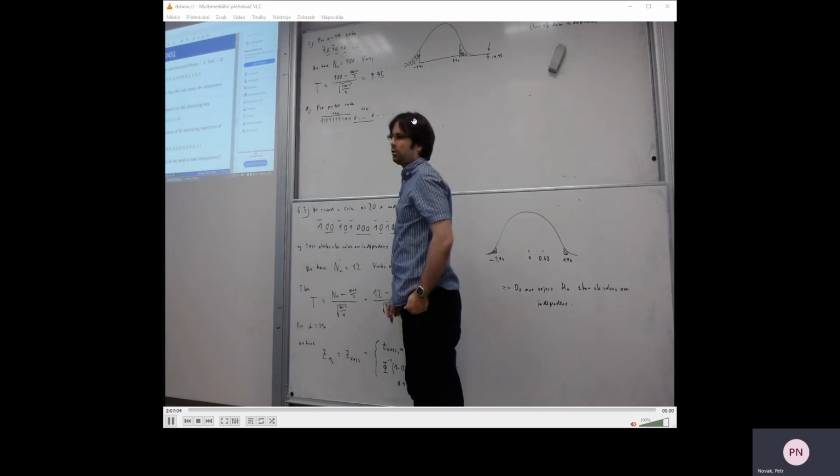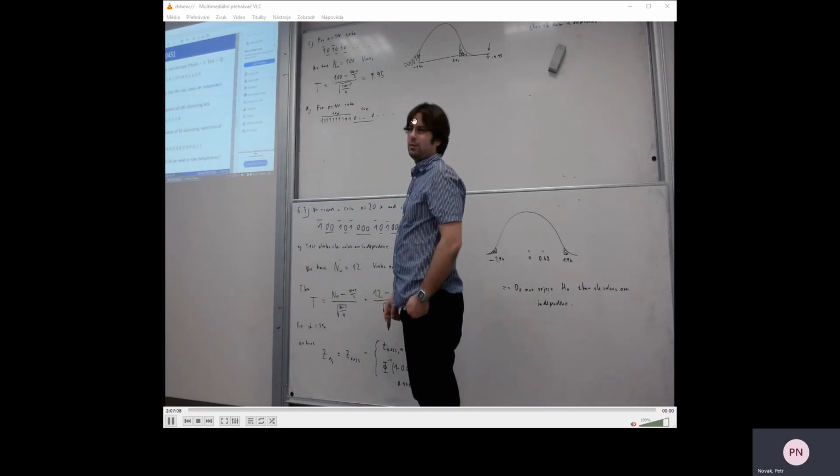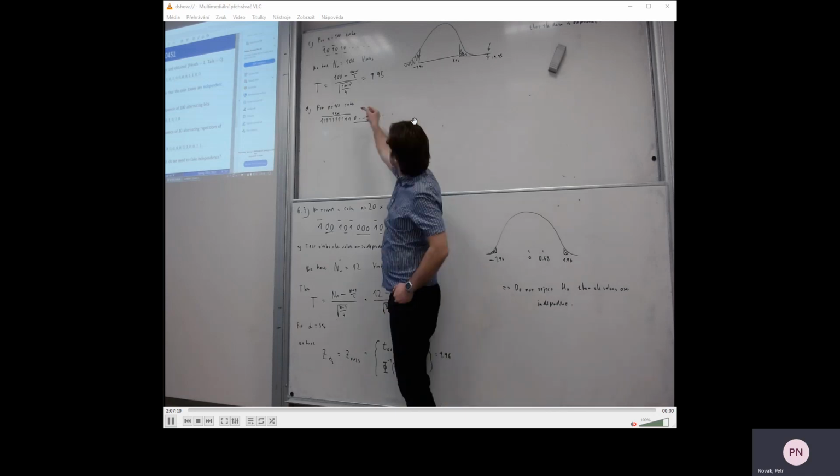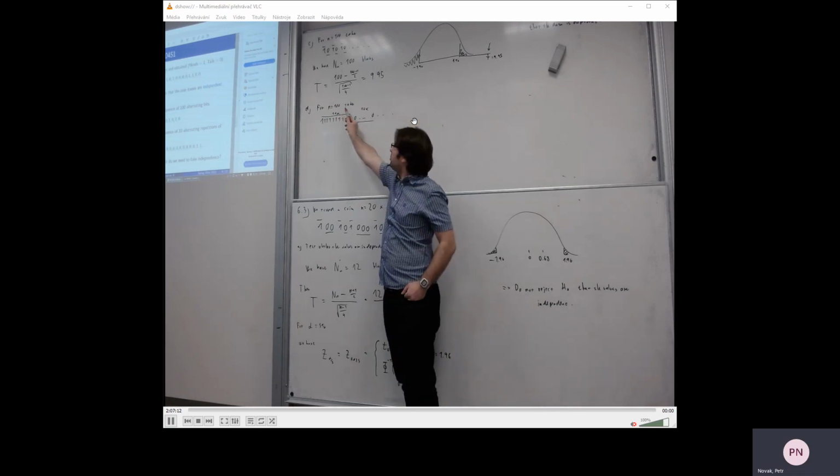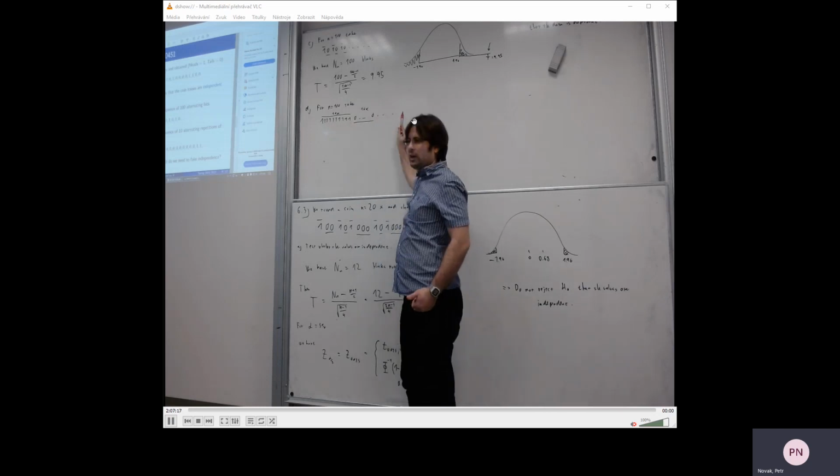How many blocks would we have then? We have 100 values, and at each point we have 10 times 1, then 10 times 0, 10 times 1, 10 times 0. So 10 blocks, right.